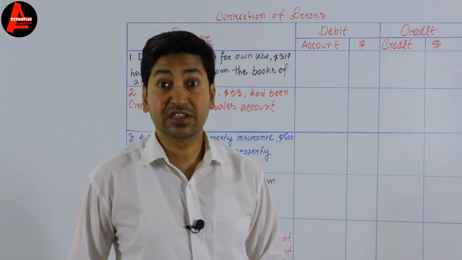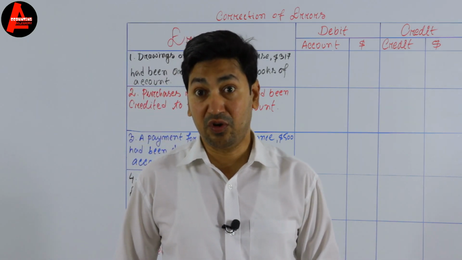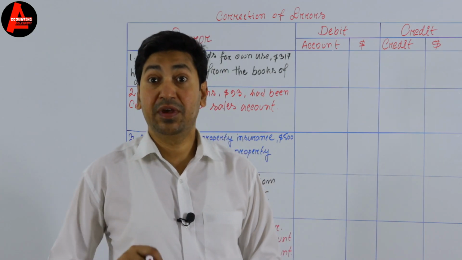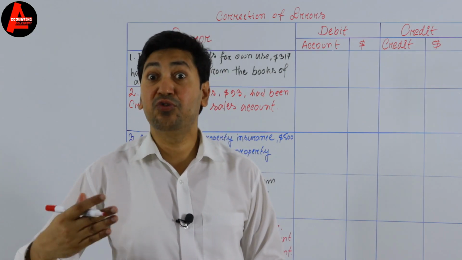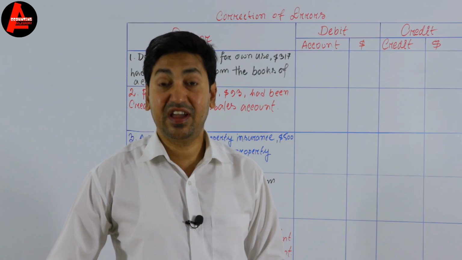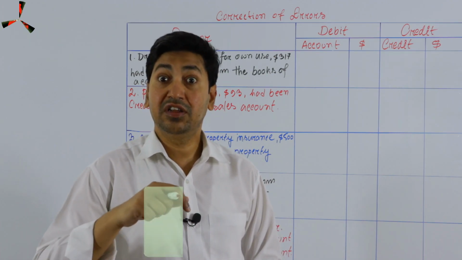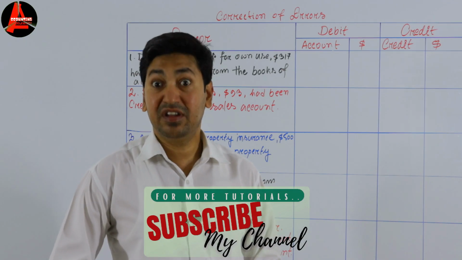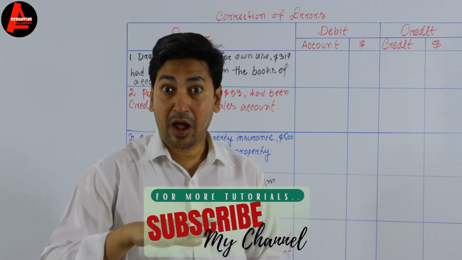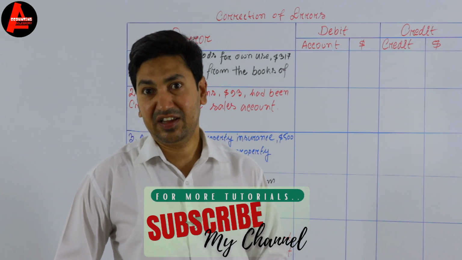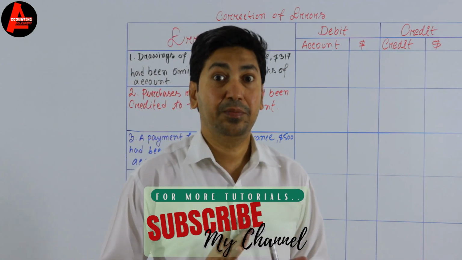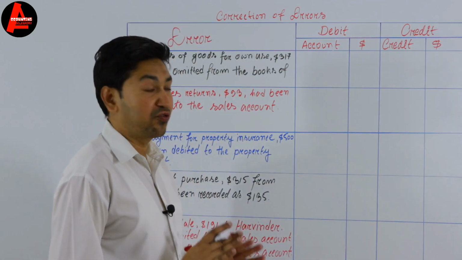So now the question is, why purchase for goods for own use? Okay, so business purchases goods to resell, and from the purchase of goods, the owner took some of them. That is the reason the amount of purchase will be decreased. Okay, so here purchase will be credited.